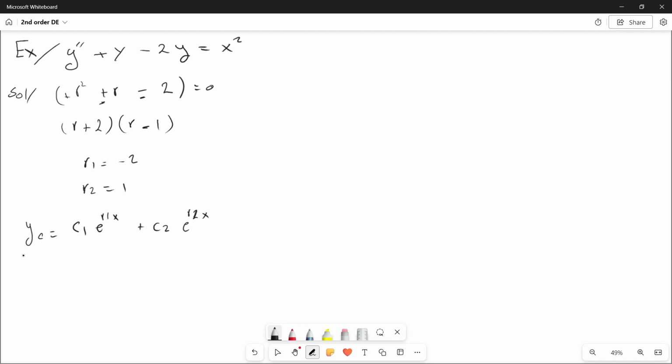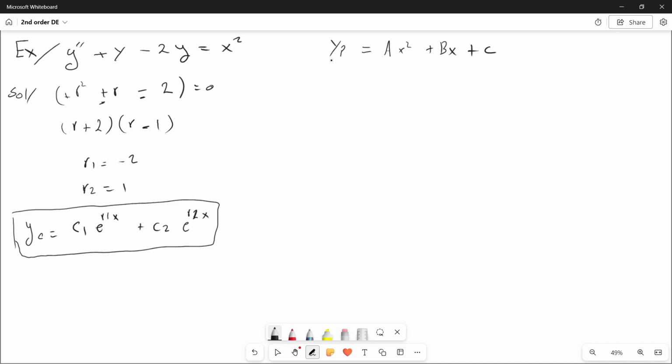So now we have the complementary solution. We must find the particular solution. So yp is dependent on the value of f of x. Since it is not an exponential value or a trigonometric function, our particular solution is ax squared plus bx plus c.